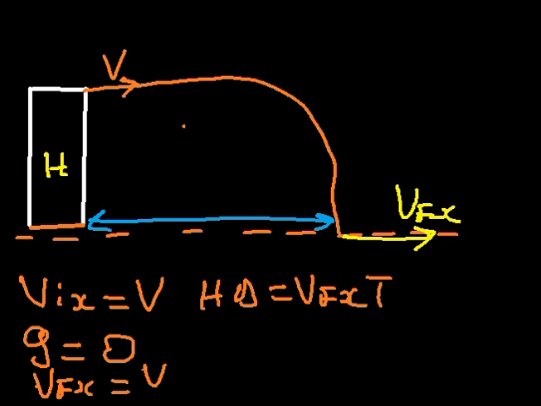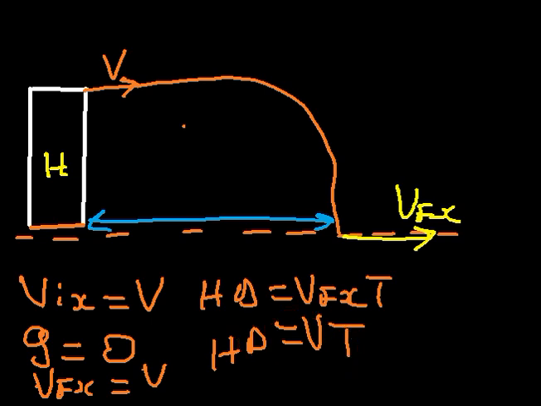So the horizontal distance is vfx times time, or vix times time, or in this case, the launch velocity times the total time. That's how the horizontal distance will be calculated. So keep that in mind.